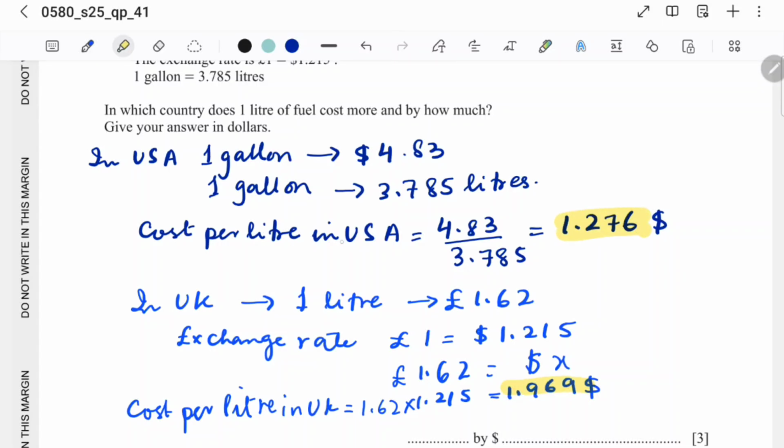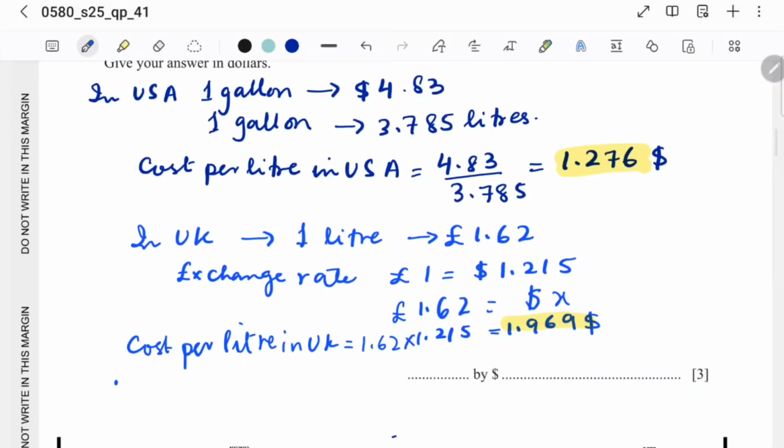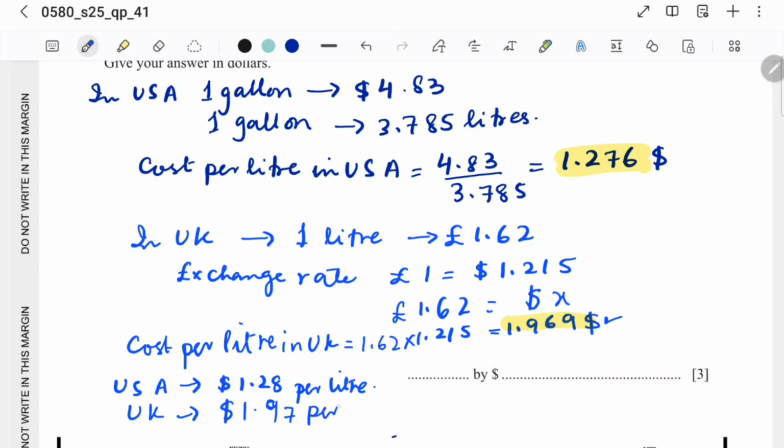The cost per liter in the USA is $1.276, and the cost per liter in the UK is $1.969. Now we are ready to compare both costs. Before we find the difference, the USA cost per liter is 1.28. I took 2 decimal places because it's currency. The UK is 1.97 per liter.